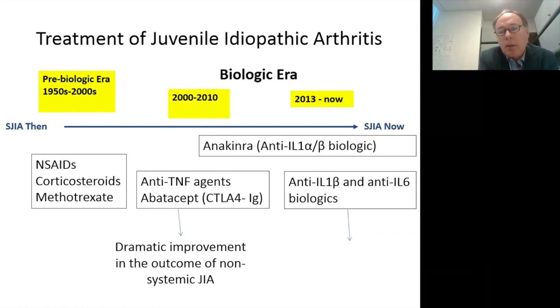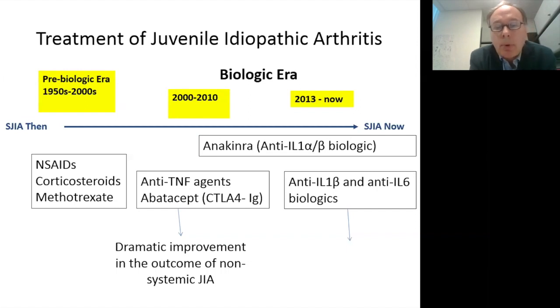Here, I would like you to take a broad look at the history of the treatment of juvenile idiopathic arthritis. We started in the late 80s with non-steroidal anti-inflammatory medications and corticosteroids. Methotrexate was introduced in 1991. And then what really made a huge difference for patients with non-systemic juvenile idiopathic arthritis was the introduction of the drugs that block TNF.